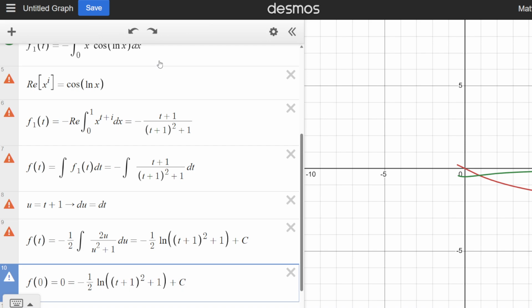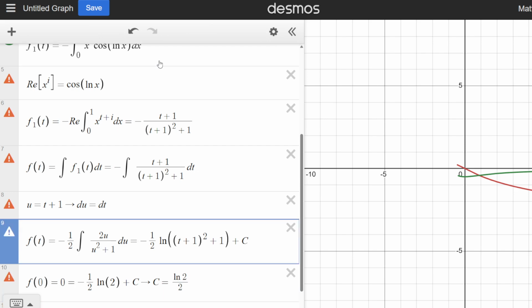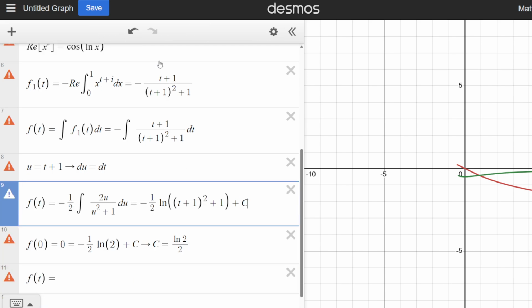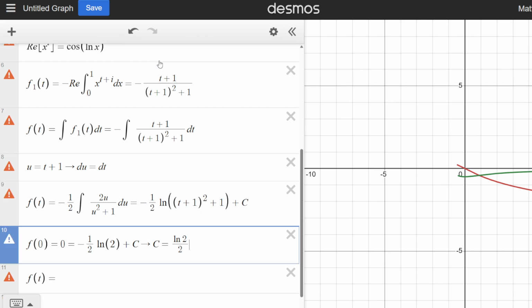So this is 0. This becomes 1 squared, just 1 plus 1 is 2. So it looks like our c is equal to natural log 2 over 2. All right, so our f of t is just equal to this.